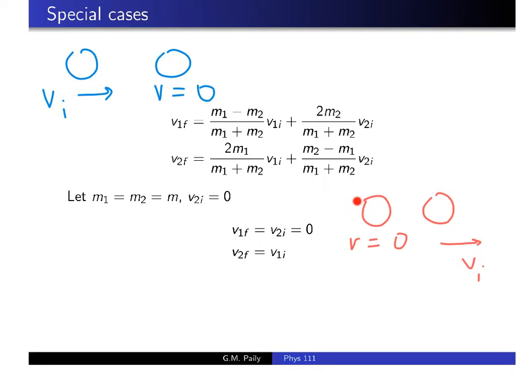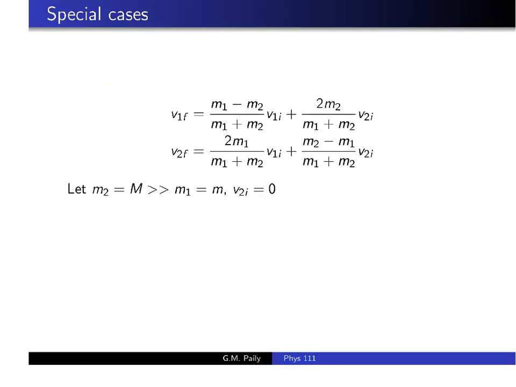The first ball became stationary, and the second one now shoots off with a final velocity, which turns out to be equal to ball 1's initial velocity. We can see that from simplifying this equation. This term disappears because v2 initial is 0, and this term simplifies to just v1 initial because the numerator is 2m and the denominator is 2m. Here we go.